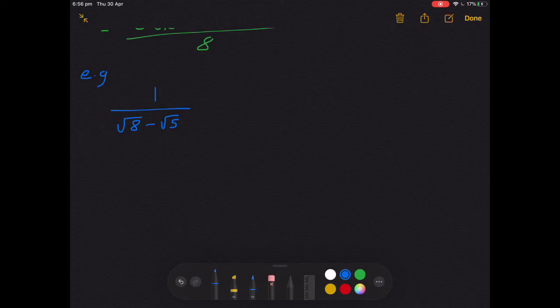Okay, we have to take advantage of this rule from algebra, which hopefully you've learnt earlier this year. It's this one. a squared minus b squared equals a plus b, a minus b.